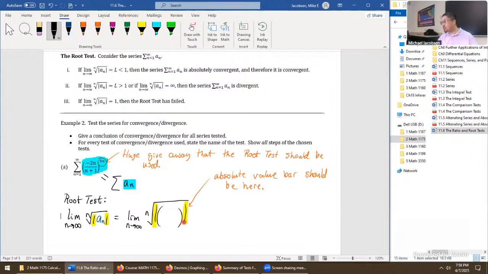So on the inside, it's going to be negative 2 power of n plus 1, to the power of 5n. Geez, that's getting a little bit more complicated than I was hoping. Let me extend this a bit. So here are our absolute value bars again, and I want to go with an extra bracket.